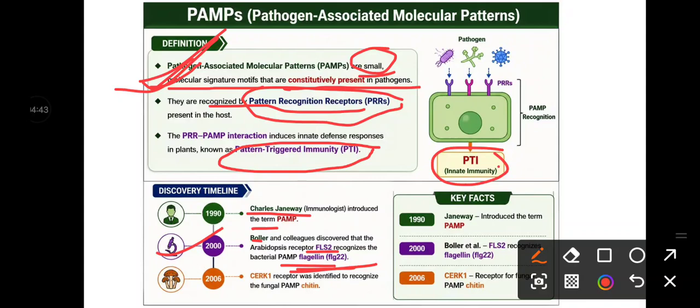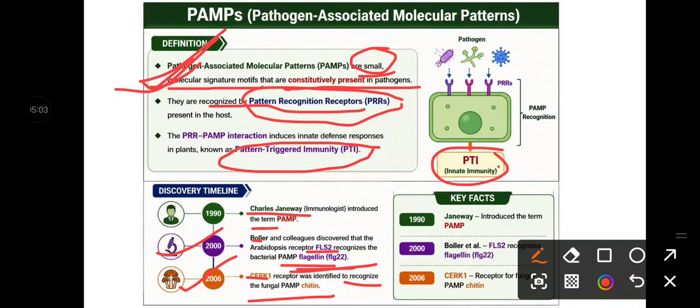Next, in case of fungi, in 2006, CERK1, a chitin binding receptor kinase, was identified to recognize the fungal chitin.